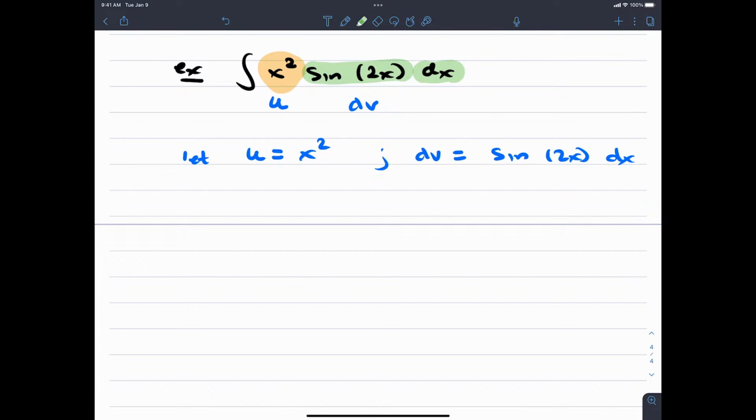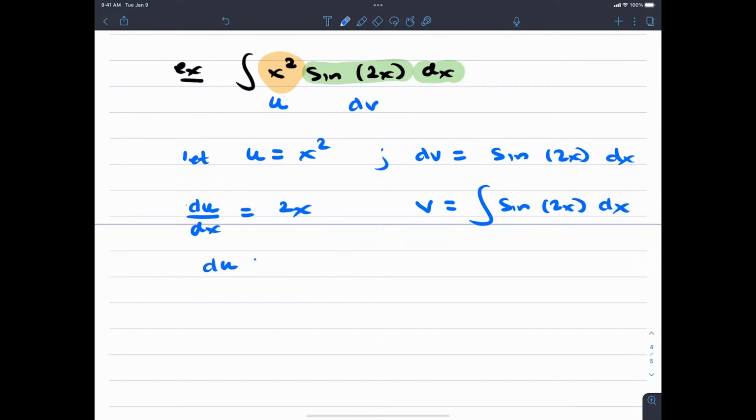Meaning, if dv is sine 2x dx, I can find v by integrating the sine 2x with respect to that dx. Okay? So now we need du. So you say, well, how do I get that du? Well, differentiate u with respect to x, and you get what? 2x.